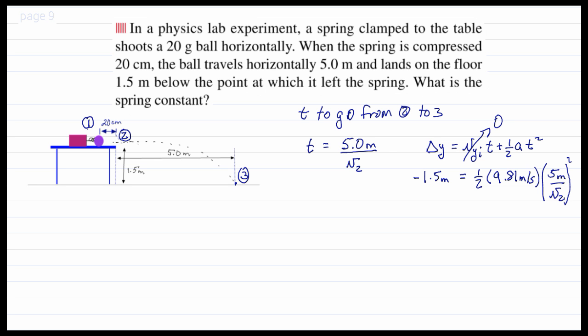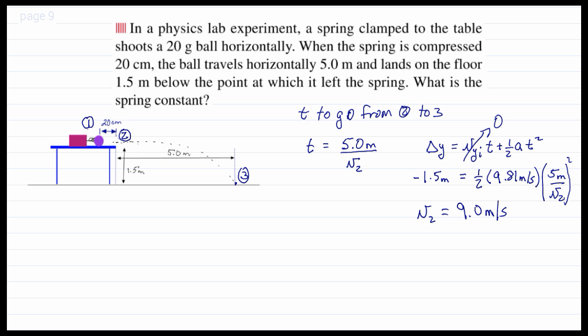Note in this equation we know everything except v2, so we can solve for v2, and I'll let you verify this, but if you do everything correctly you should get 9 meters per second. So that's the speed that the ball is going once the spring is back to its equilibrium position.